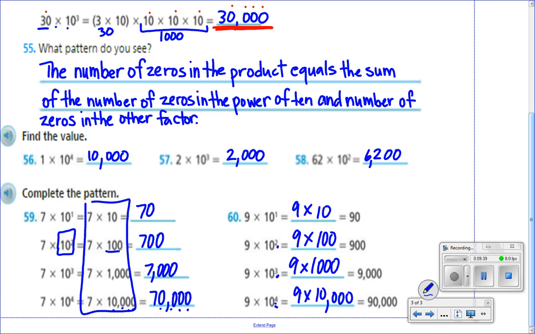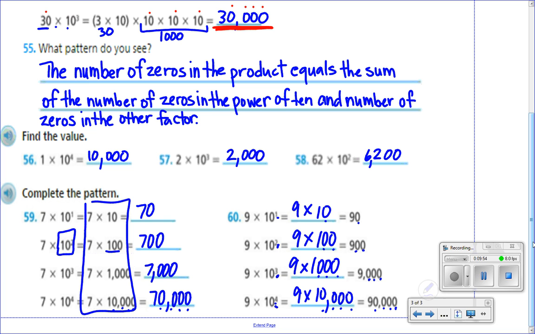There's a 4, 1, 2, 3, 4. There's a 3, there's 1, 2, 3. There's a 2, 1, 2. There's a 1, there's 1.